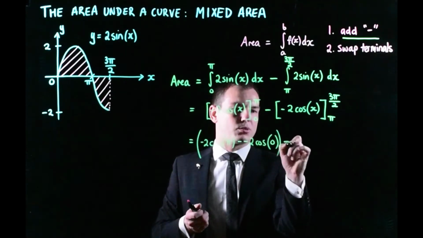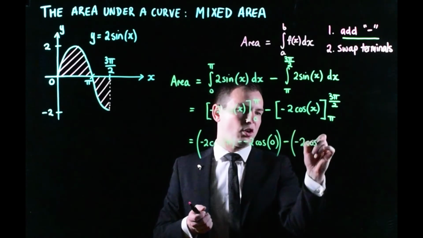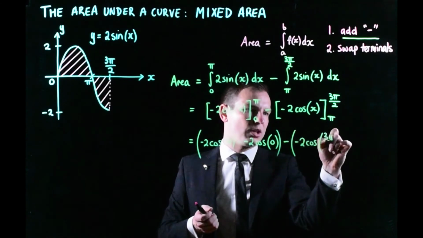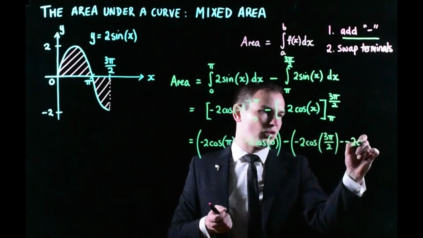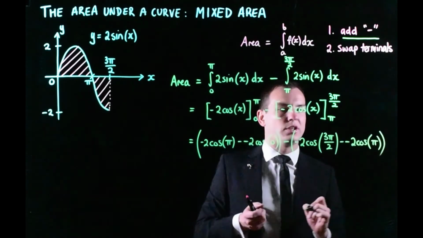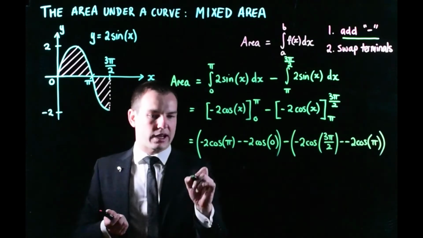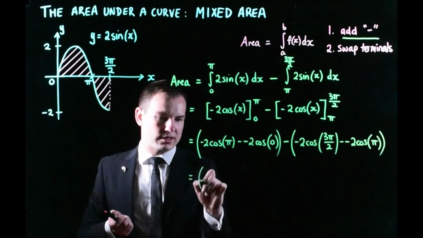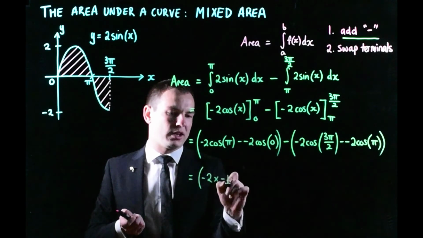And then we're going to subtract away from that. And for this, we're going to have minus 2 times cos of the upper terminal, which is 3 pi on 2. And then we subtract negative 2 cos of the lower terminal of simply pi substituted in. So now we just need to clean this up using our knowledge of exact values. So this will give us in the first bracket minus 2 times, and cos of pi is minus 1.